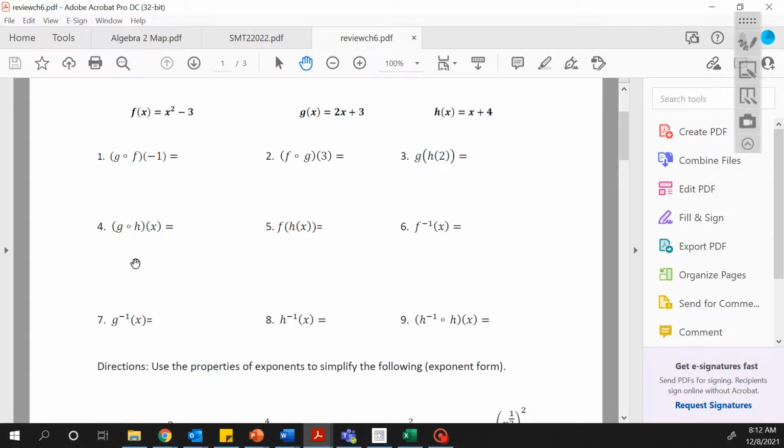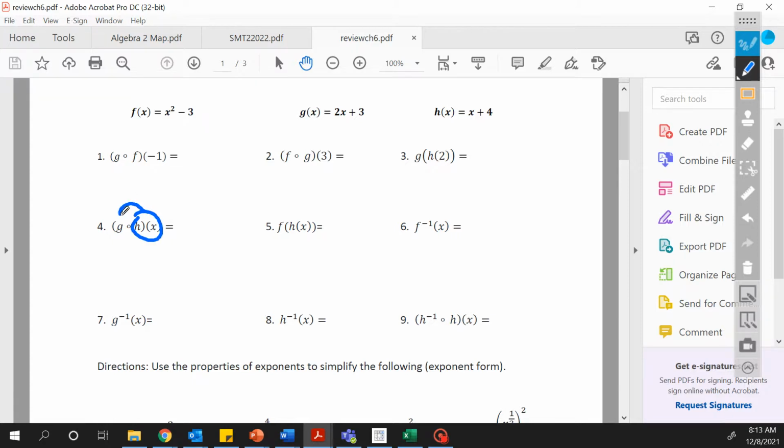Number 4 is the g compose h of x. Now, when we're not actually evaluating, the whole function has to go into g. So the whole h function goes into g. So g is 2x plus 3, and wherever the x is gets replaced by the h function, x plus 4.